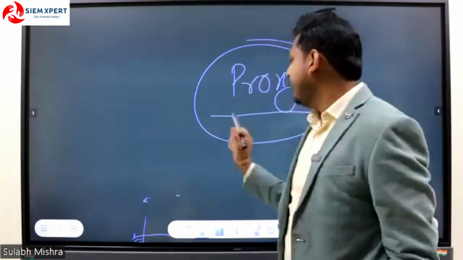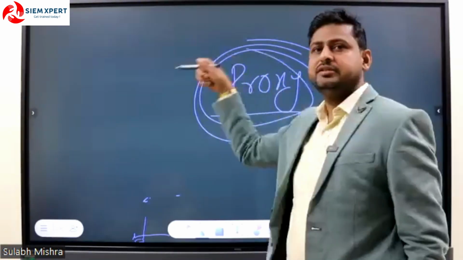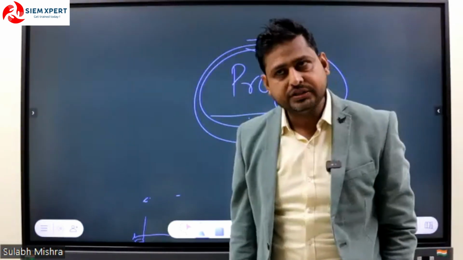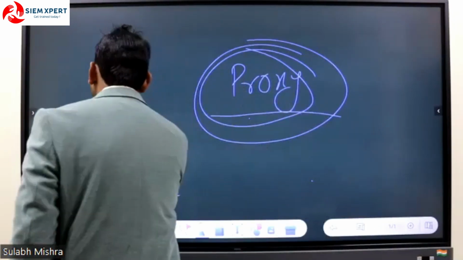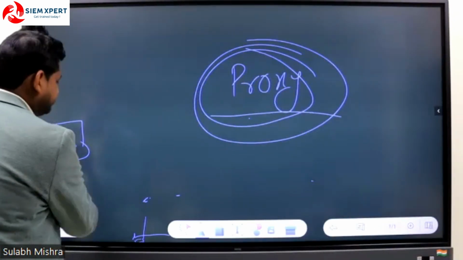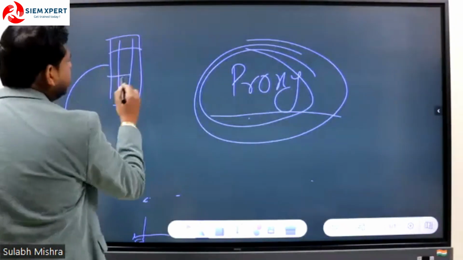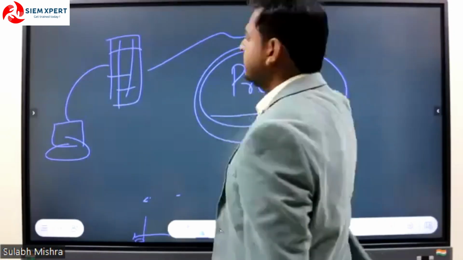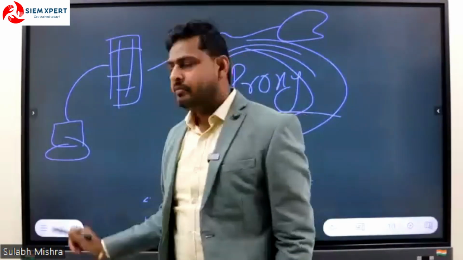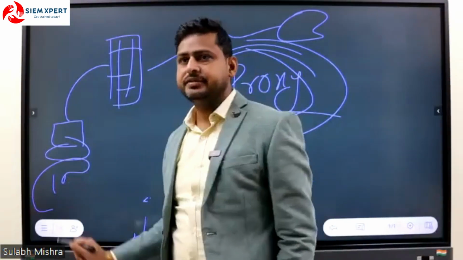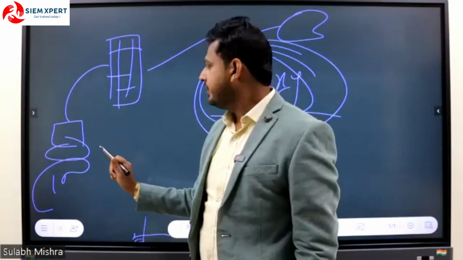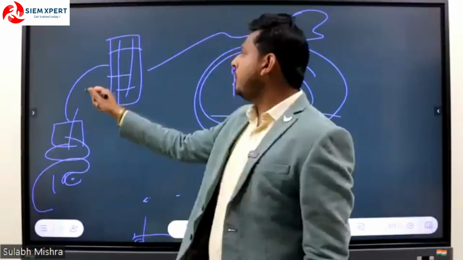And from that name, we call this device a proxy. Because when you access the internet, for example, you have some IP address. Your system IP is not directly going to the internet.